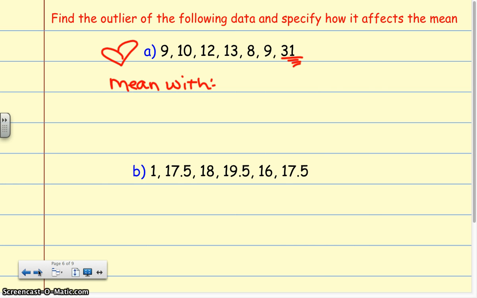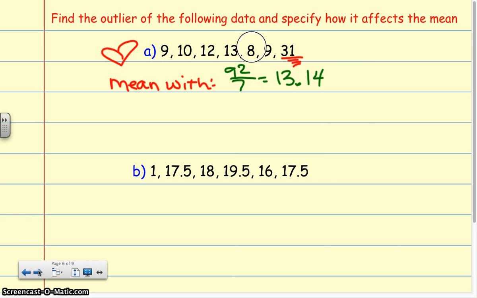That's me punching into my calculator: 9 plus 10 plus 12 plus 13 plus 8 plus 9 plus 31, that's 92. 92 divided by 7, and that's 13.14. That's my mean with my outlier.